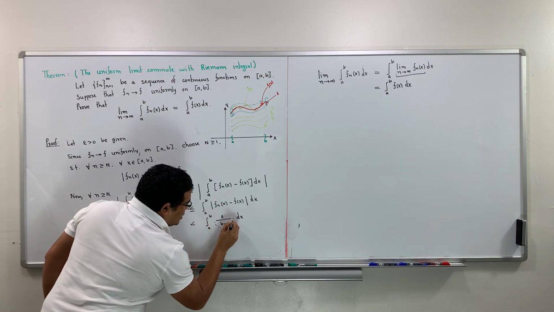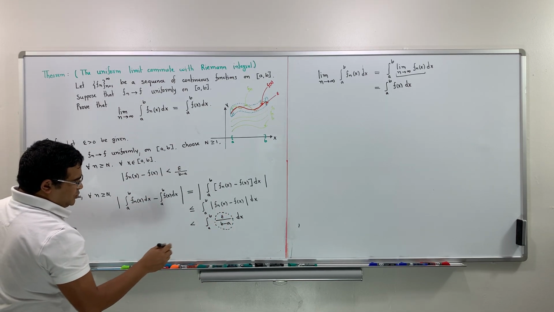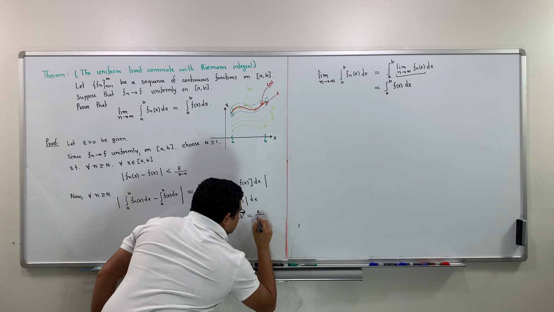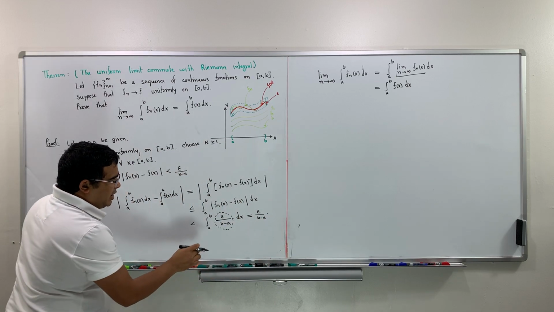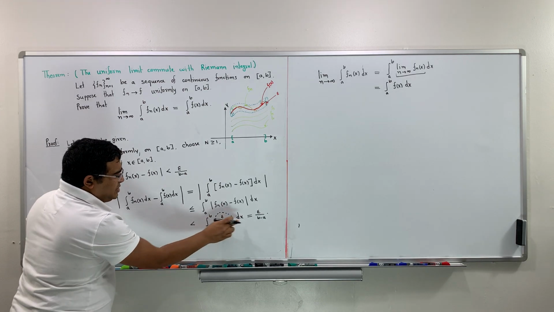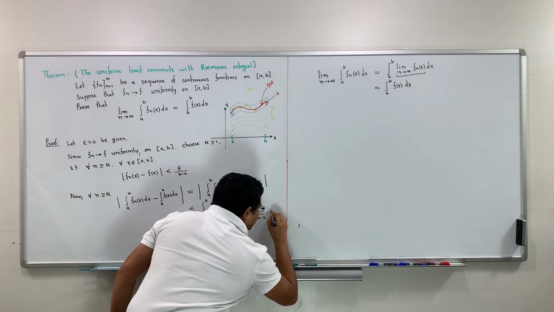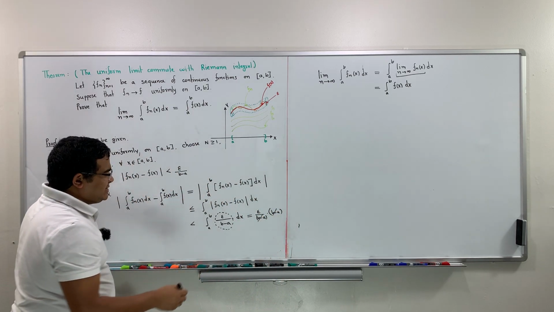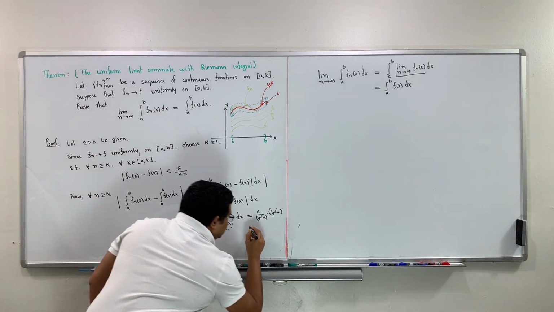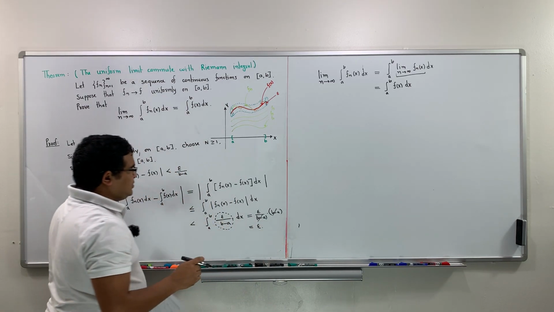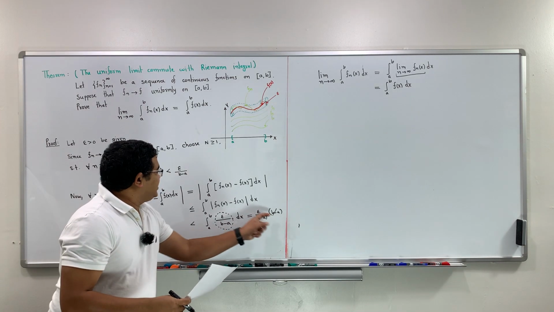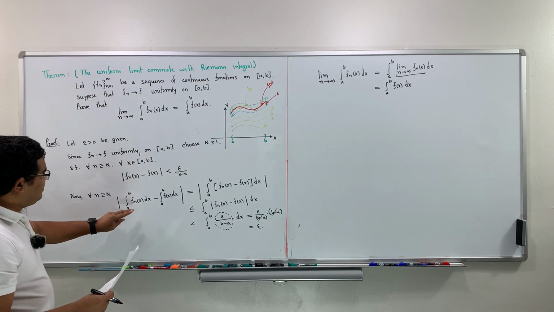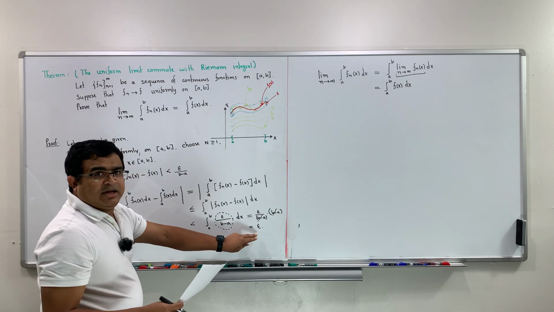Now since this term is constant, it can come out of the integral sign and we can write epsilon over b minus a times the integral from a to b of dx, and it is b minus a. So this one and that one cancel and we have only epsilon. To cancel b minus a, we divided epsilon by b minus a here. So we proved that the difference between this one and that one is less than epsilon.